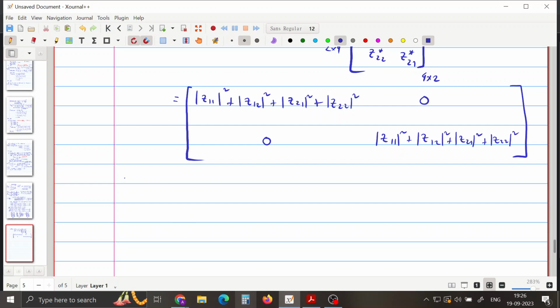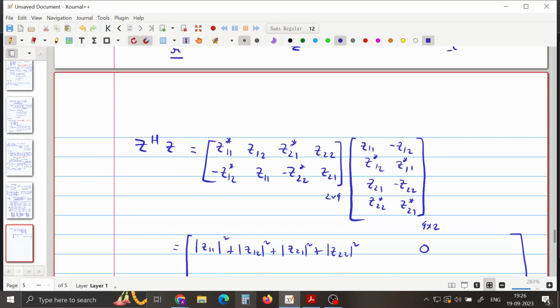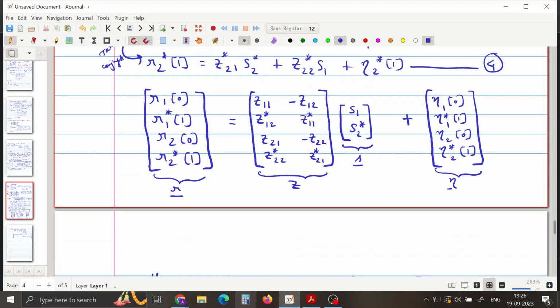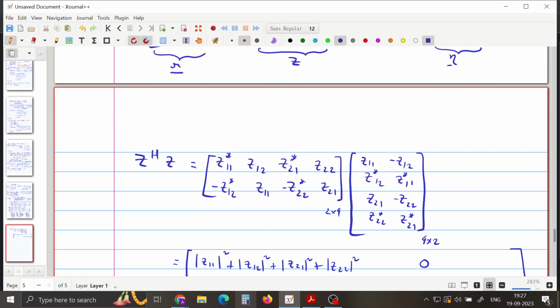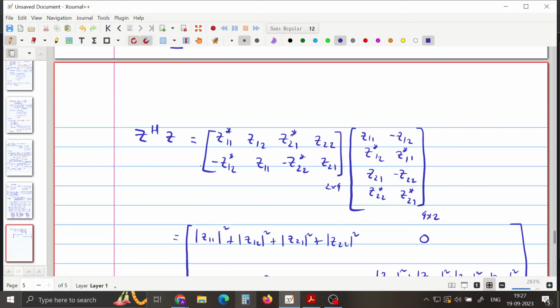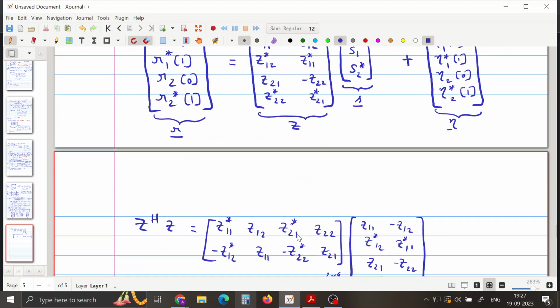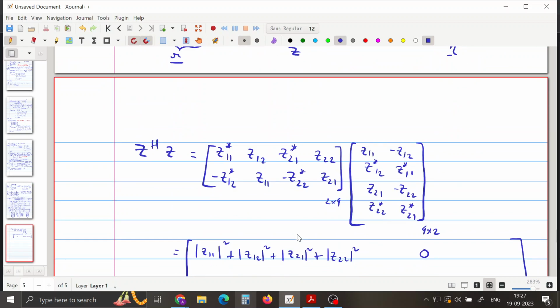So what have we done basically here? We had this equation, R equals ZS plus eta. Now we actually pre-multiplied with Z Hermitian. We undid the operation, right? The channel already introduced this matrix Z, and we are doing a reverse operation by pre-multiplying by Z Hermitian.